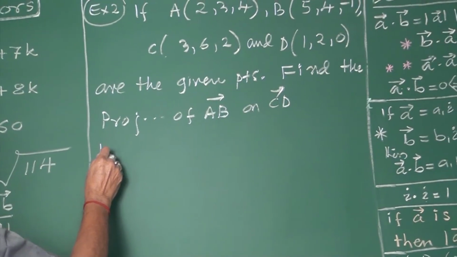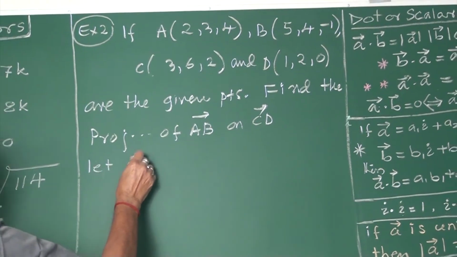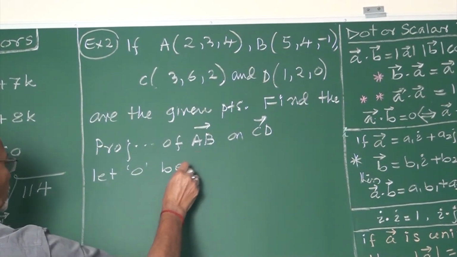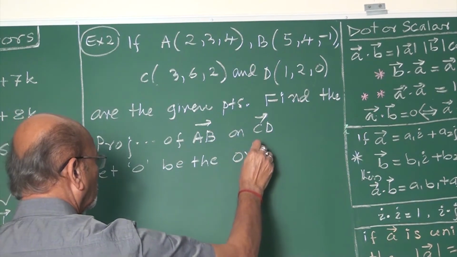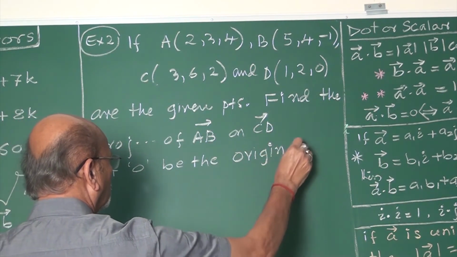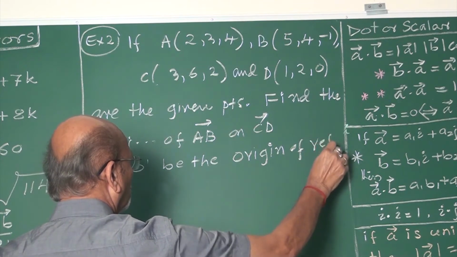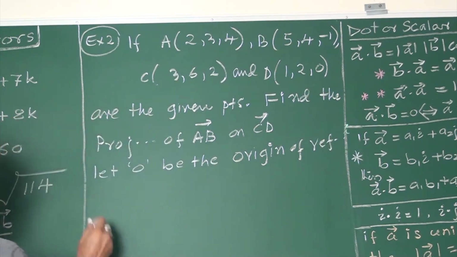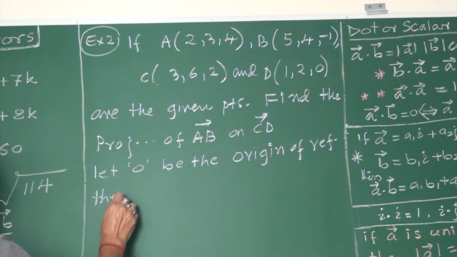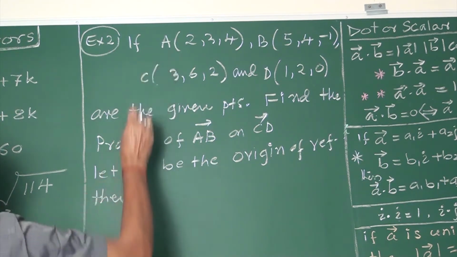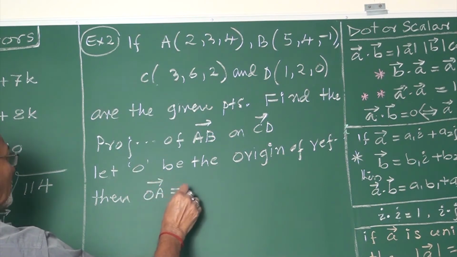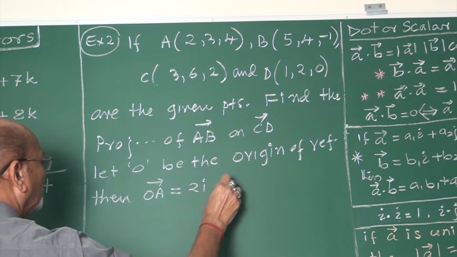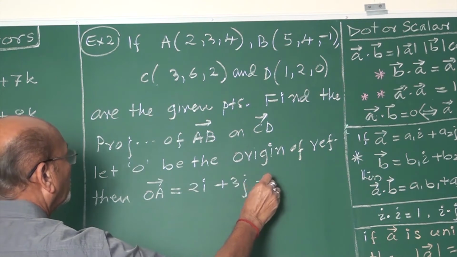Let O be the origin of reference. Then position vector of the point A, OA, is 2i plus 3j plus 4k.